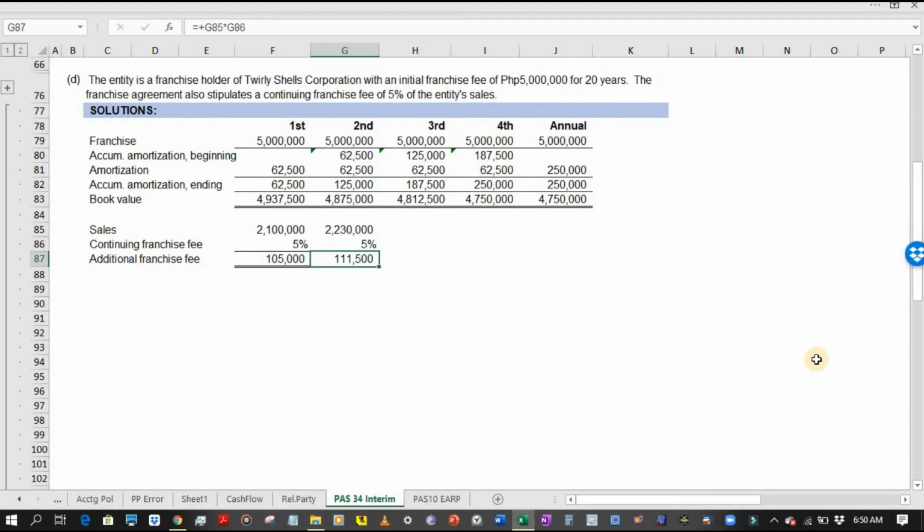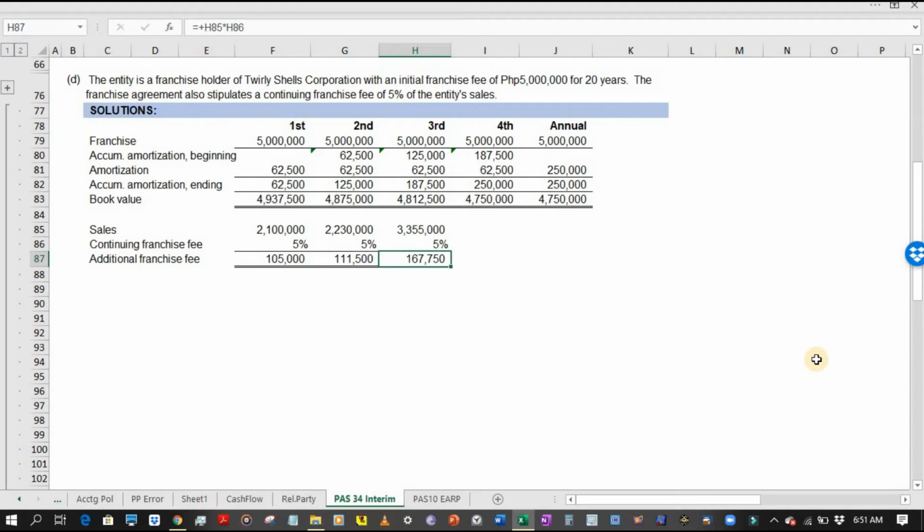Then, for the third quarter, same procedure. Get the sales, which is 3,355,000 pesos, multiplied by 5%. So our franchise fee expense in the third quarter income statement is 167,750 pesos.